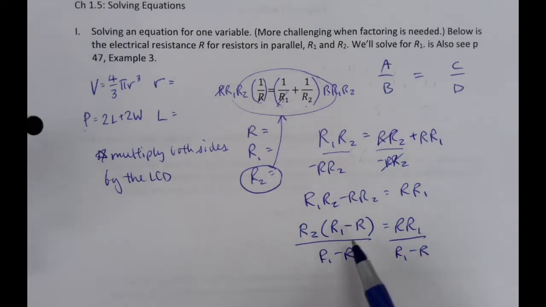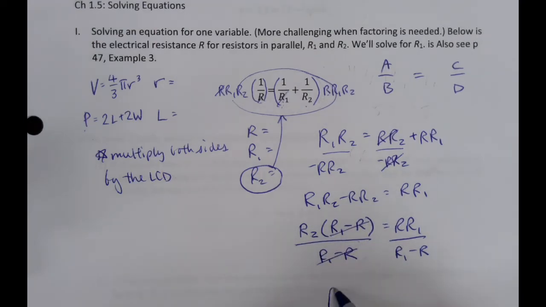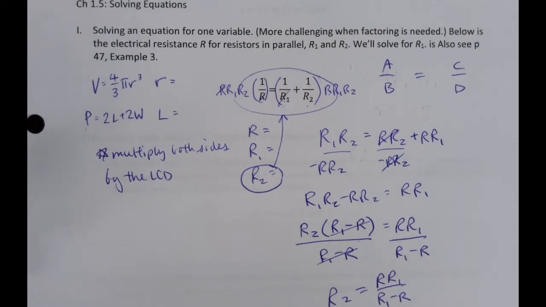And you could have divided by r1 minus r here, it's just easier to see if I go ahead and factor that out. And I have my answer, which is that r2 is equal to r r1 over r1 minus r.